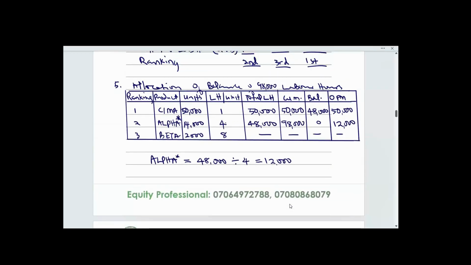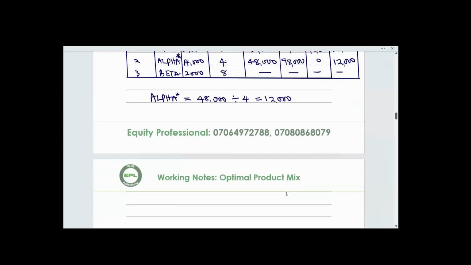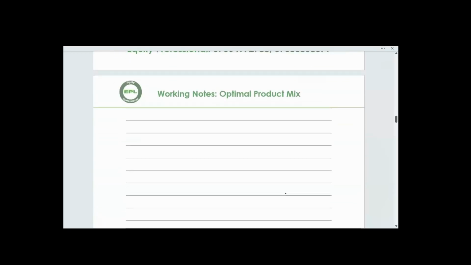So step 6 says you should determine the optimal production plan. Step 6, optimal product mix or production plan that will maximize contribution.